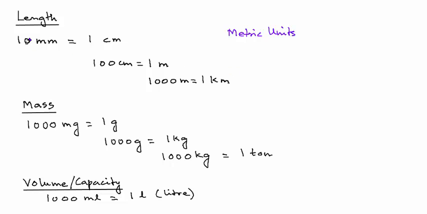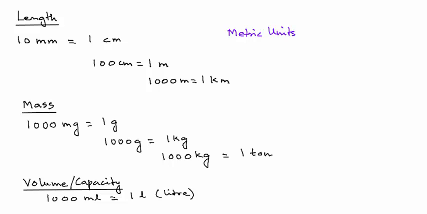So these are some of the most important metric units of length, these are the metric units of mass, and these are the metric units of volume. In the metric system of units, each unit is related to the other one by a factor of a power of 10. That is the reason why we see a 10 or a 100 or a 1000 on this chart.